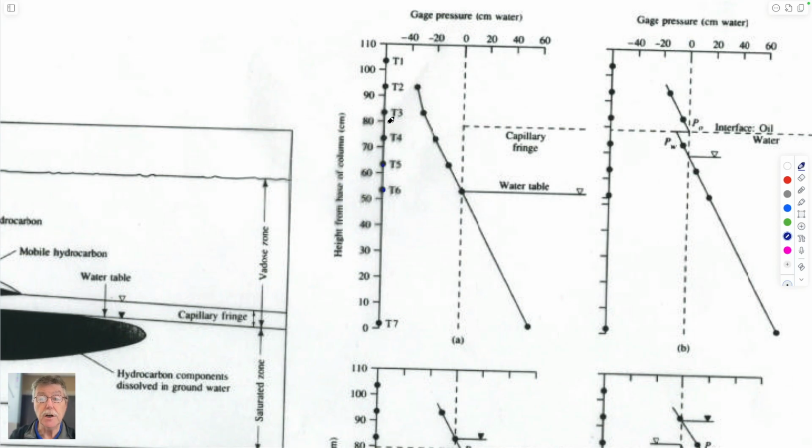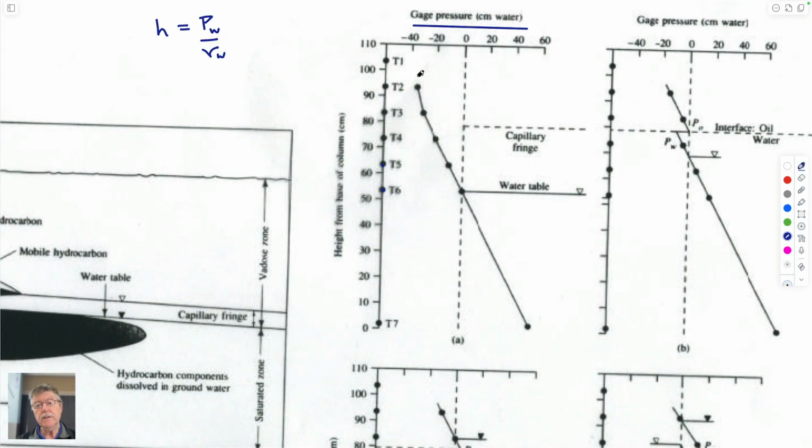T is for tensiometer, because it measures tension in the water, negative values. This is in pressures now, and it's in centimeters of water. So H would be equal to pressure in the water divided by the unit weight of water. So in a length, it's not a pressure, it's actually in a length.